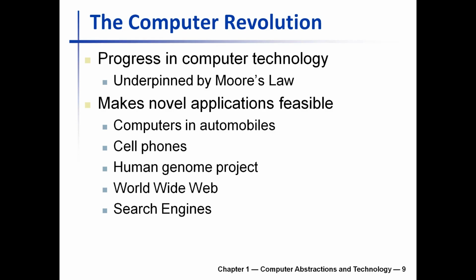Because of that, computers are now ending up in all kinds of different places. If you take a car, an automobile, you will find hundreds of computer processors in a modern car. And if you take, say, mobile phones, they are all over the place, right? Becoming a very commonly used instrument.